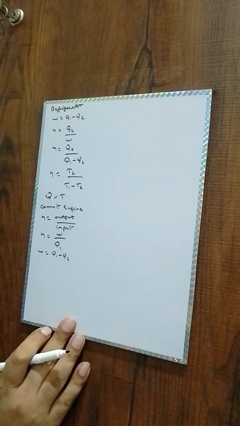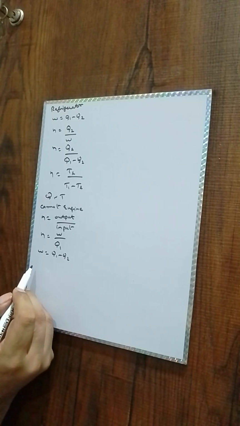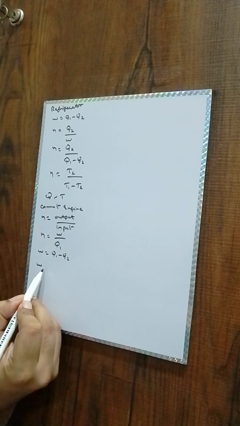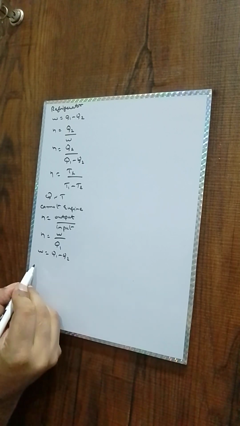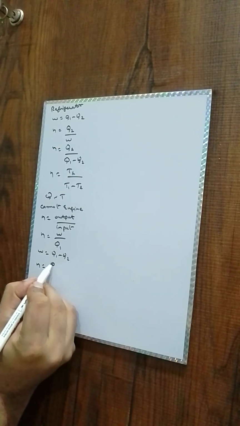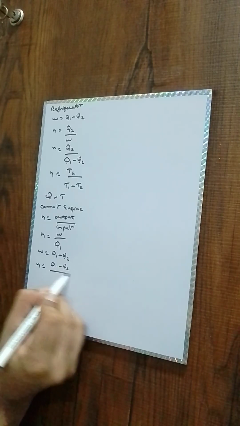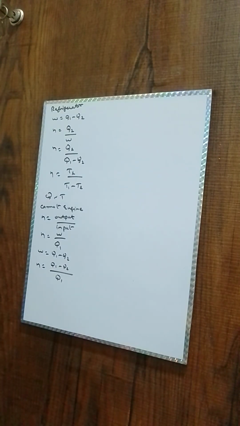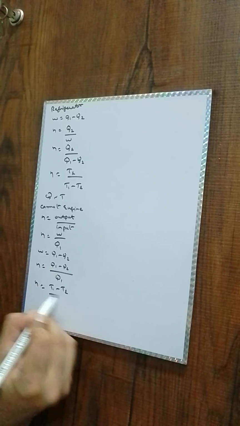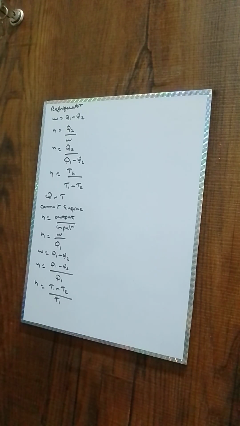And W is equal to Q1 minus Q2. So eta is equal to Q1 minus Q2 by Q1. So this is the form, and in terms of temperatures, T1 minus T2 by T1.